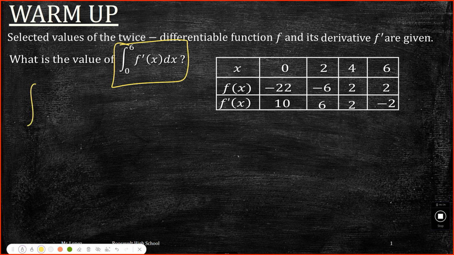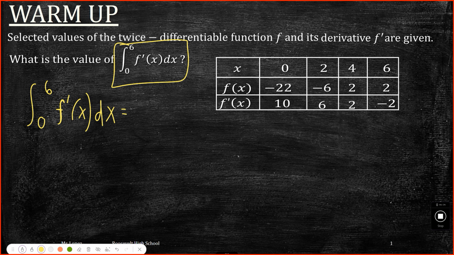So from 0 to 6, we have the integral of f prime of x dx. This is the fundamental theorem of calculus part B, or part 2, that we did. F prime of x is the derivative. If we can find the antiderivative, then we can just evaluate it.